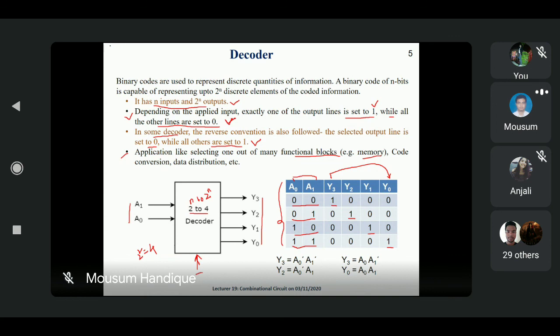Enable means it controls which decoder is active at which time, and all other decoders are deactivated. That is controlled by this enable line. Are you getting my point? So suppose we take some particular example.